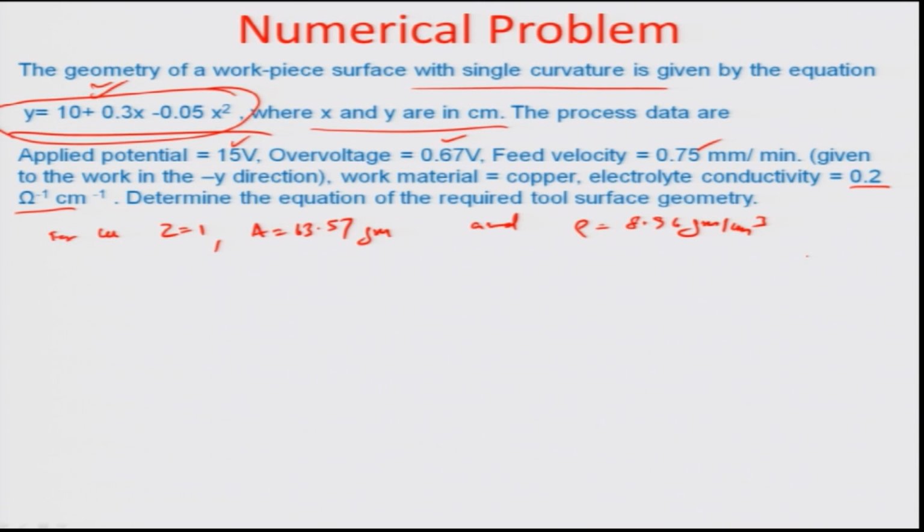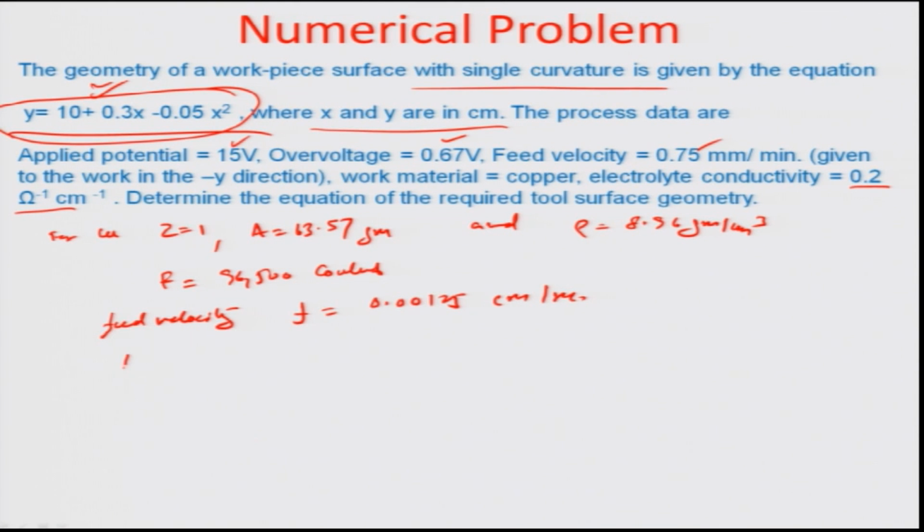We already know that the value of F is 96,500 coulomb, and the feed velocity in this case comes out to be equal to 0.00125 centimeter per second.